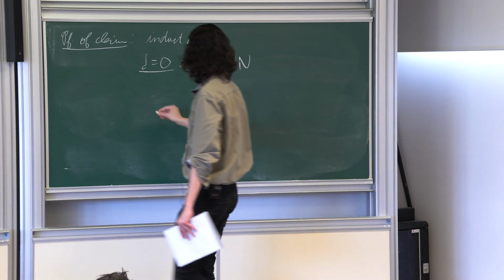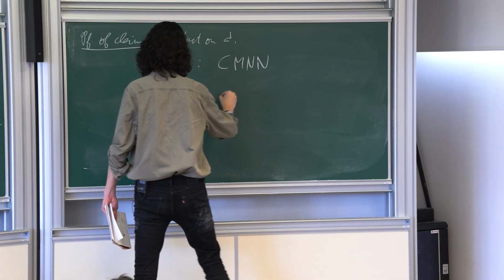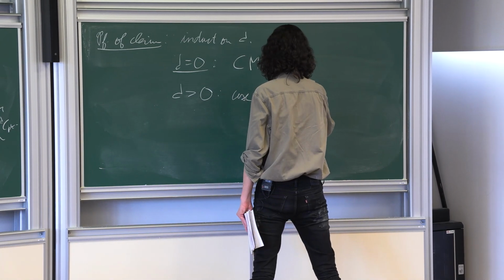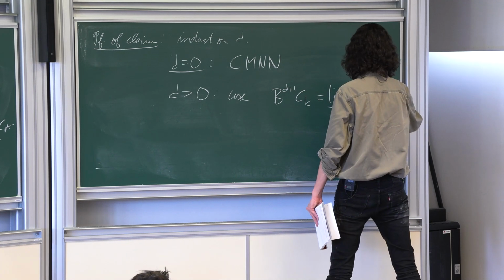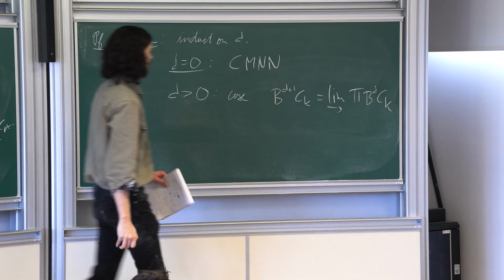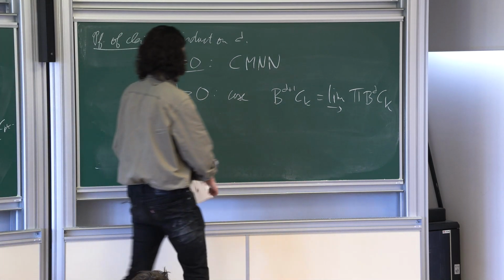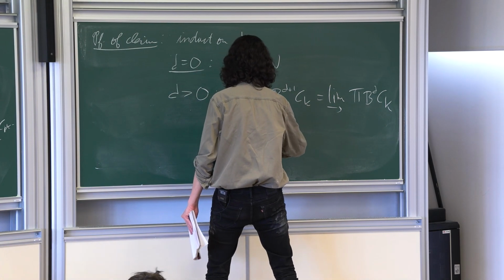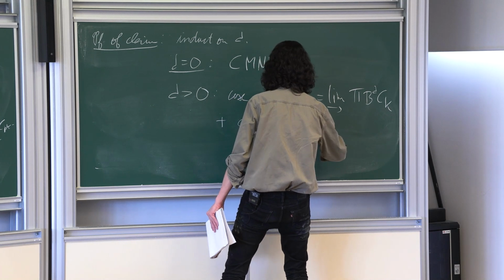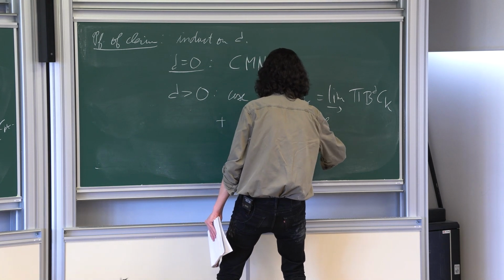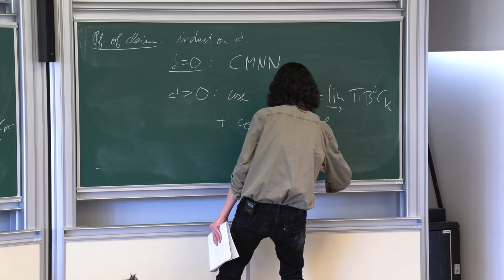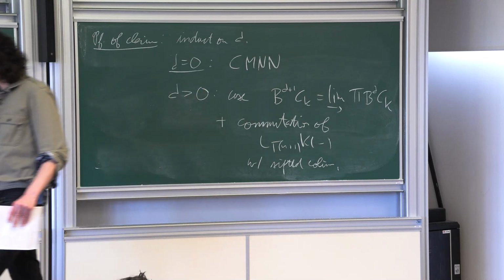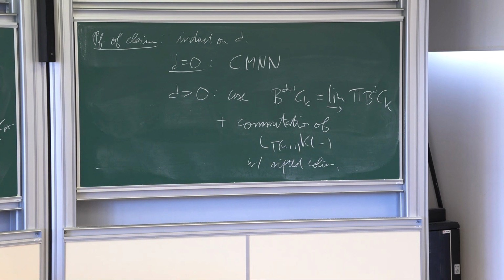And then for d bigger than 0, use that B^(d+1) C_p^k is some geometric realization of a product of copies of B^d C_p^k, just using the usual bar construction, and then commutation of LT n plus 1 K theory with shifted colimits. So it actually reduces to the d equals 0 case.